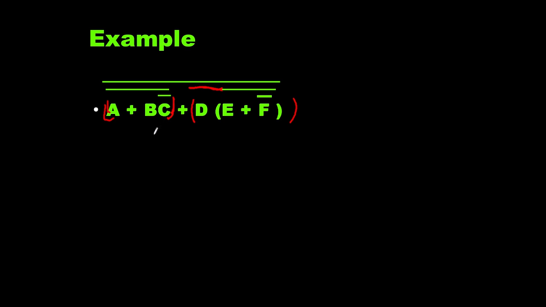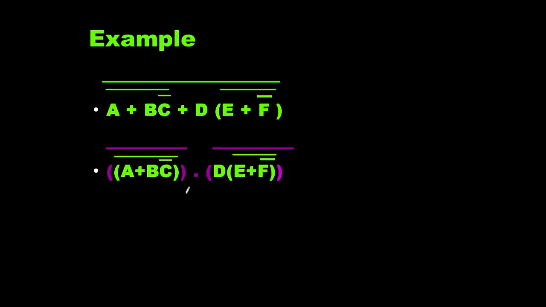So now I'm going to have A plus B, C complement and A complement, and I change this to an AND, and I'll have two complements on this. Here I distributed this one, and I changed this sign to AND.